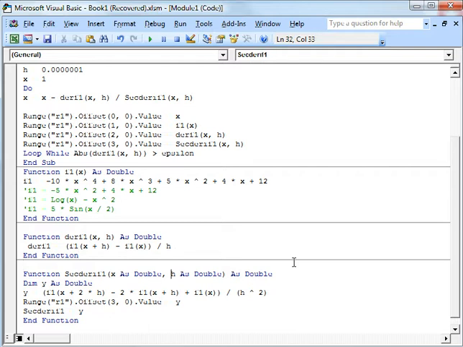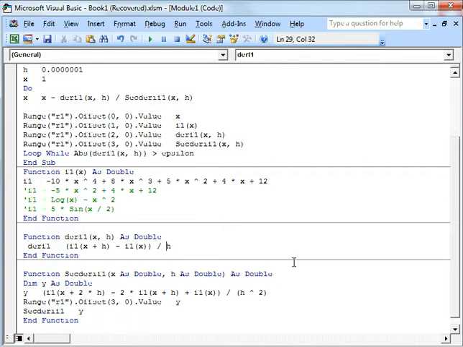And by doing a little bit of algebra, we can obtain that the second derivative is the function of x plus 2 times h, minus 2 times the function of x plus h, plus the function evaluated at x, and all that divided now not by h, but by h squared.